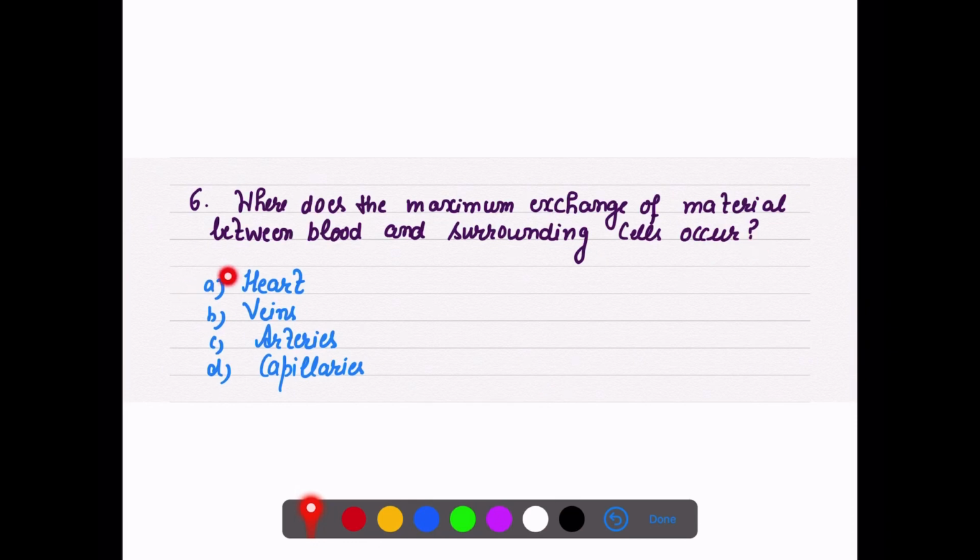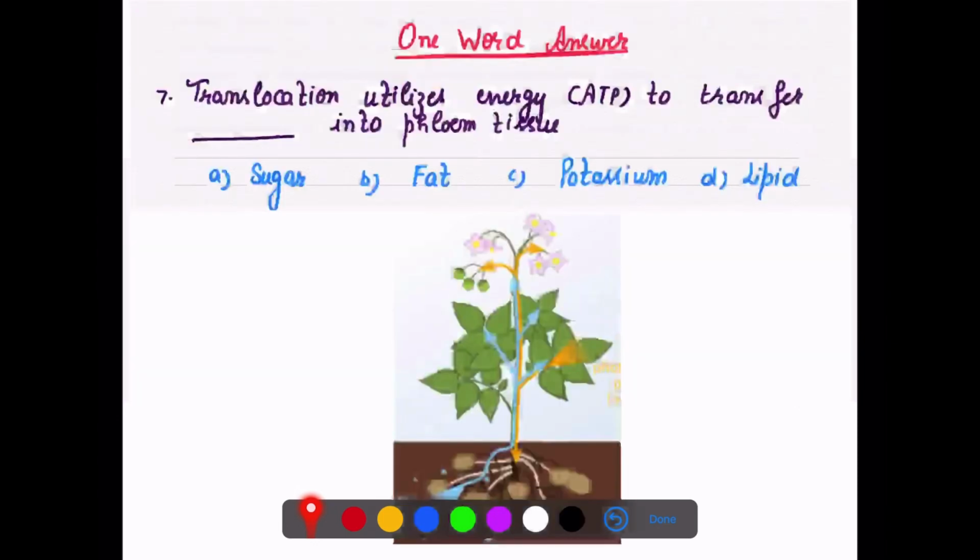Is this a heart, or are they veins, or they are arteries, or they are capillaries? What is your right answer? Please mark your correct answer quickly. You have to be very, very honest, otherwise this game will be of no use for you. Now, one word answer you have to write down here.